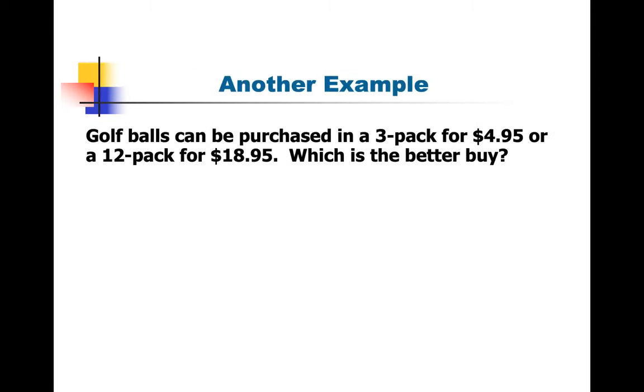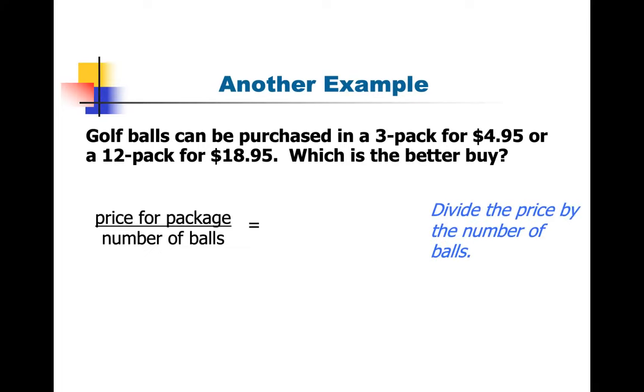How about this one? And again, you can pause this to solve this one on your own. Golf balls can be purchased in a 3-pack for $4.95 or a 12-pack for $18.95. Which one is the better buy? So again, you can pause this and solve, and you can check back with this.